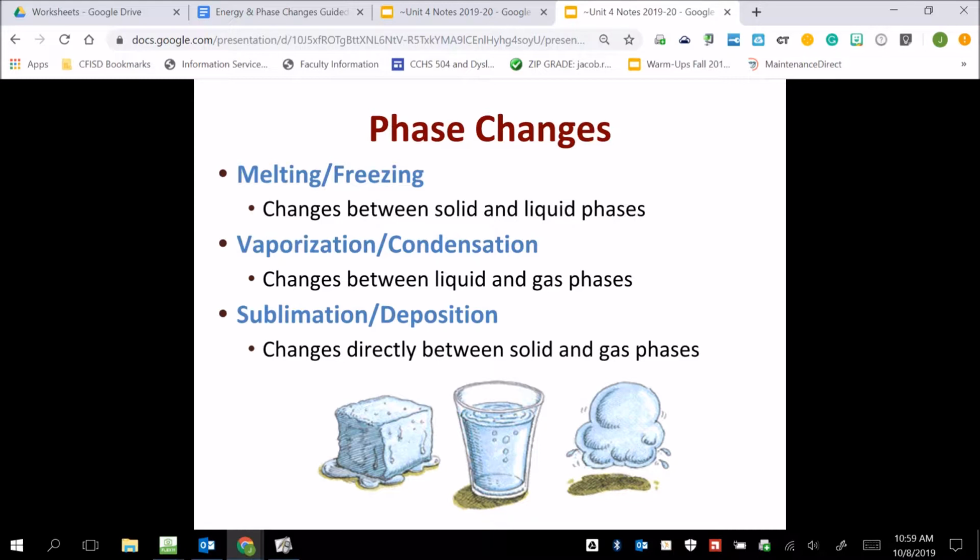We also have vaporization, which again is liquid to gas. Condensation is the reverse, right? Condensation is what happens on the outside of your drink that's cold. Water collects because it's condensing there. And then sublimation is going directly from solid to gas, and deposition is going from gas to solid. So those might be a couple new ones you've not heard before.